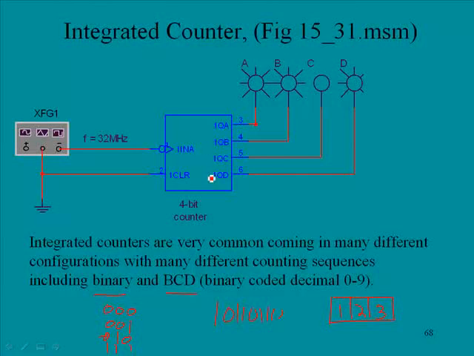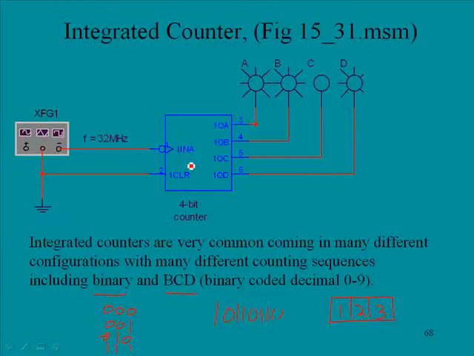Now, this particular device here, this is an integrated counter. By integrating, what they mean is here you have a single chip, and this single chip could contain 40, 50, 100 flip-flops possibly, and it's all on the single chip.